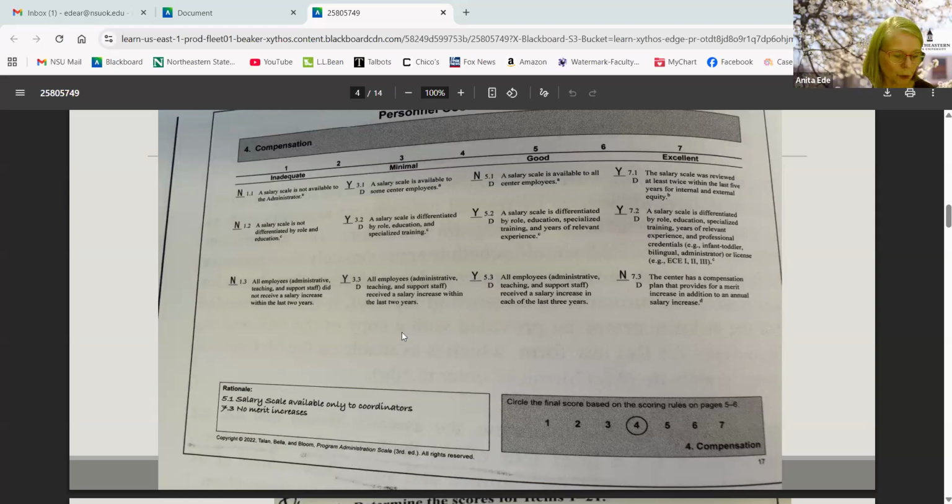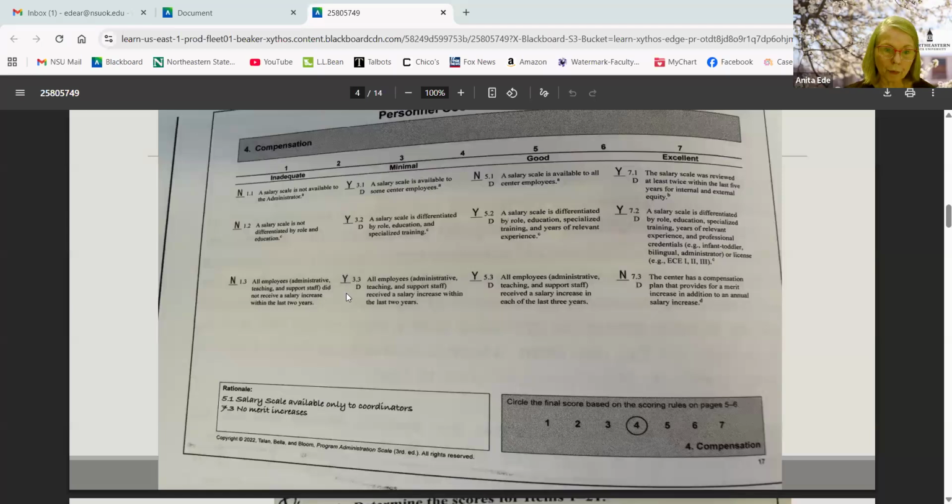A score of 2 is given when all indicators under 1 are rated no, and at least half of the indicators under 3 are rated yes. So it would have to be 2 out of 3 in this case, but they're all yeses.